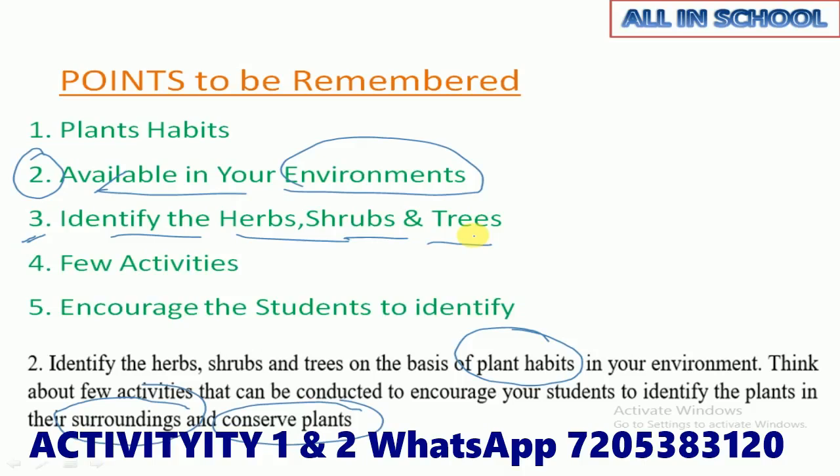You have to make them understand by examples, by pictures, by proper things, by field observation. You can take the students on a field observation, by which they can understand properly and segregate the plants among herbs, shrubs and trees.